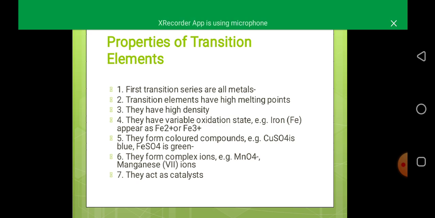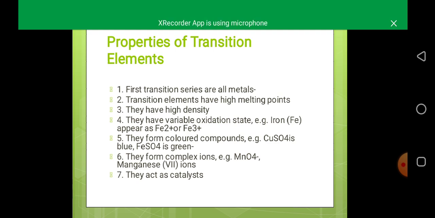They form colored compounds, e.g. copper sulfate is blue, while iron sulfate is green. So sulfates of transition metals are mostly colored, while sodium sulfate and calcium sulfate are all white.